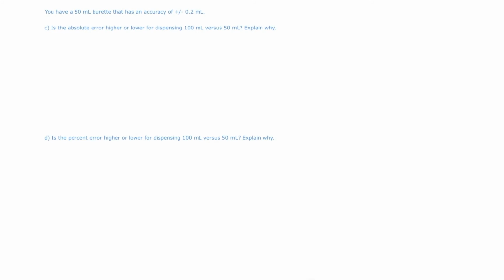Part C of the problem states, is the absolute error higher or lower for dispensing 100 milliliters versus 50 milliliters? Explain why. So the absolute error for part A, the 50 milliliter part, for one measurement using the 50 milliliter burette was equal to 0.2 milliliters, as was stated in the problem.